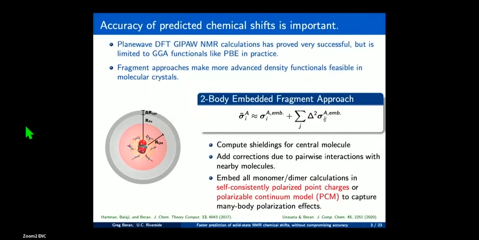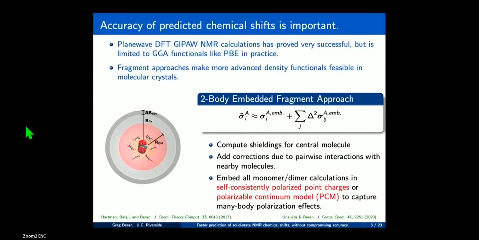And so this is a model that works very well, right? There's a huge number of successes in the literature from GIPAW calculations. Now, typically these GIPAW calculations are employing the PBE density functional, which is a so-called generalized gradient approximation functional. So on the tier of Jacob's ladder, this is near the bottom of the ladder of classes of functionals, with higher tiers being considered more accurate in general.